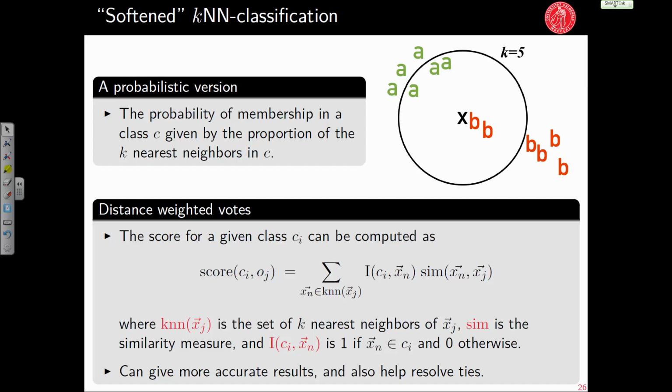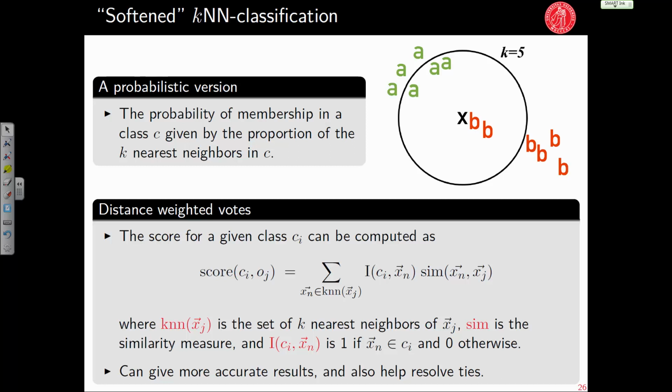Then we can say we will introduce a score for a given class Ci that can be computed as the similarity. This equation is sometimes confusing. What's happening here is that for each class, in this case A and B, we want to compute the score of an unlabeled object, xj, being a member of this class.